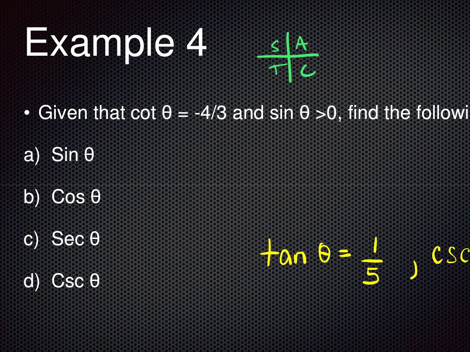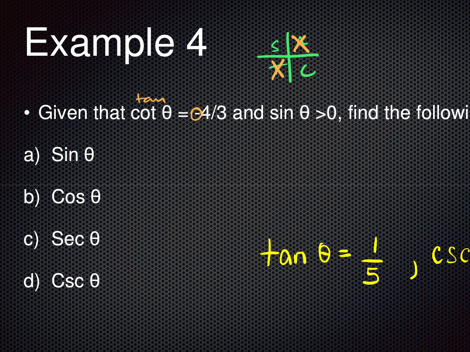If cotangent is negative, it tells us that it's negative here. Cotangent goes with which trig function? Tangent. So in which two quadrants could tangent be negative in? It would be negative in sine or cosine. So I can cross off 1 and 3.